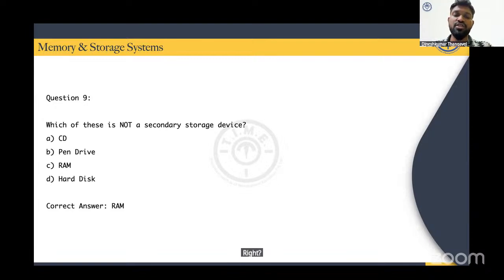Secondary storage means it's a permanent storage, clear, and non-volatile in nature. It stores data even after the power is off. The best examples are hard disk, pen drive, CD, and DVD. RAM is volatile, temporary, and the data is lost when the power is off. So RAM is not a secondary memory. Other options are secondary memory.